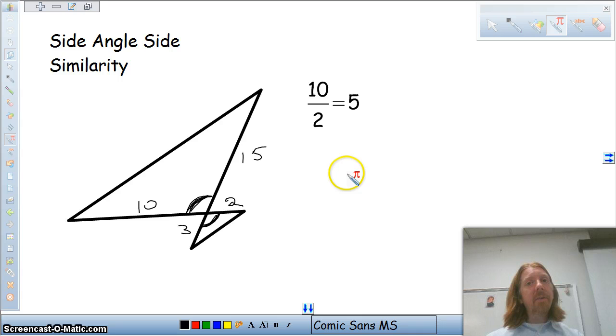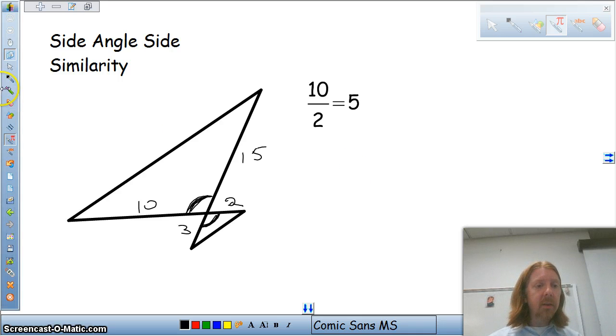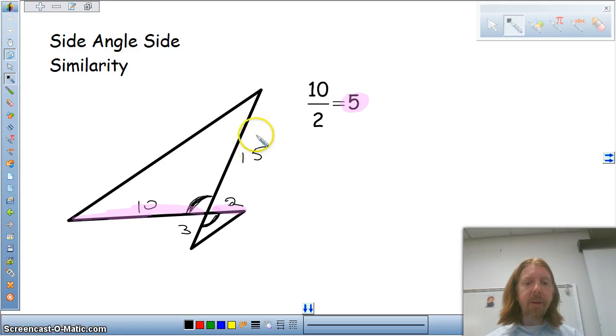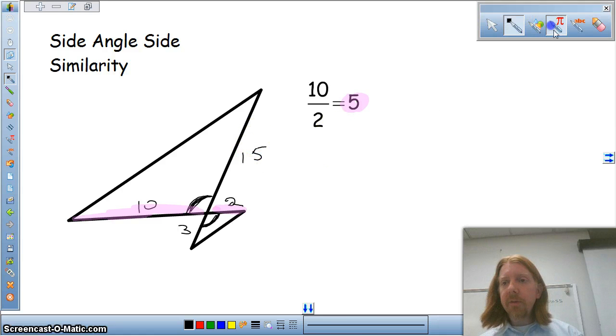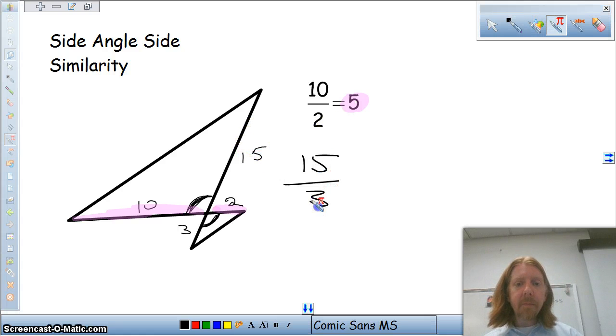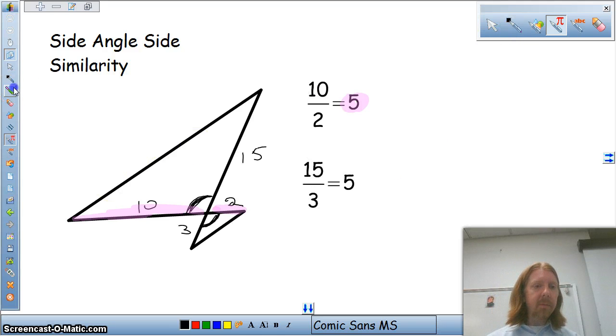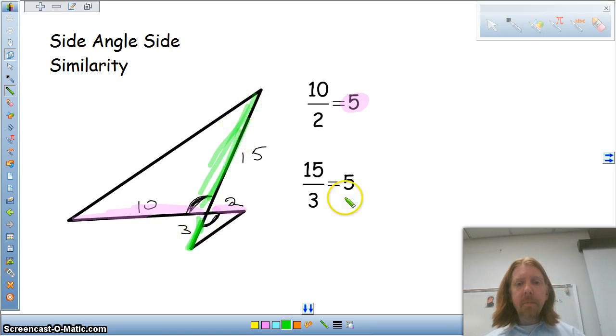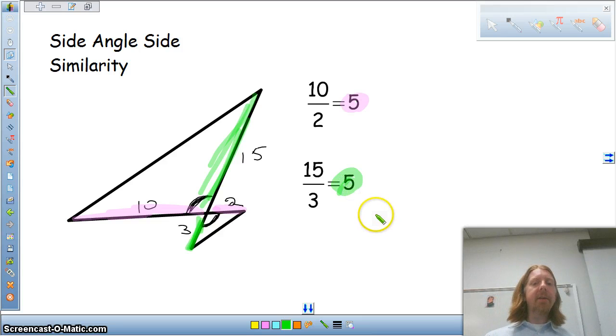So that's the scale factor of that segment. That's taking this segment and this segment and checking for their scale factor. Now let's check the other one, 3 and 15. 15 divided by 3 is 5 again. So that means these sides match up, and they both have a 5.